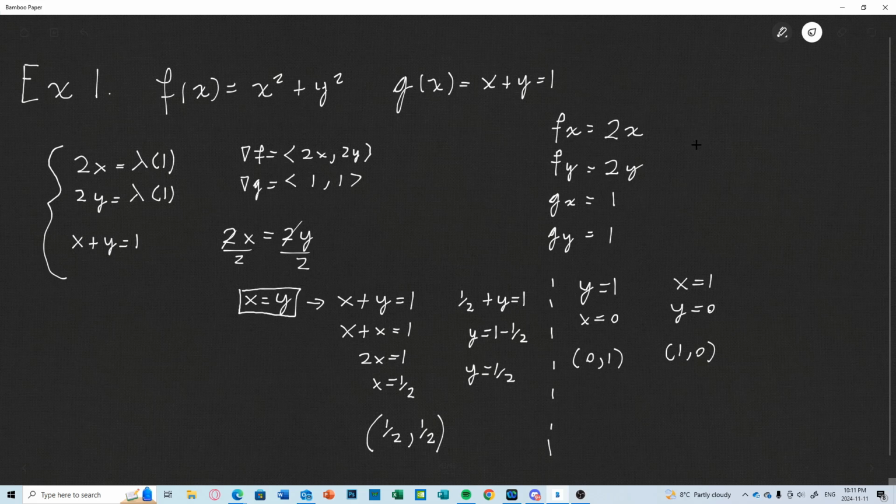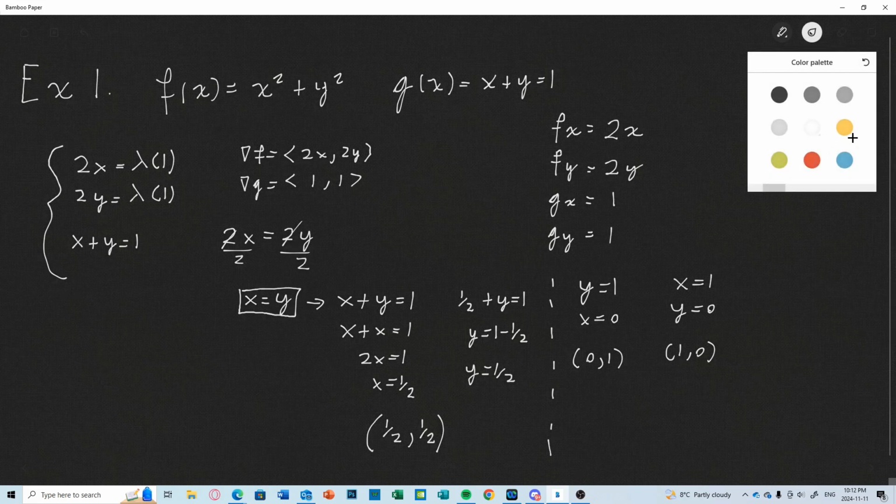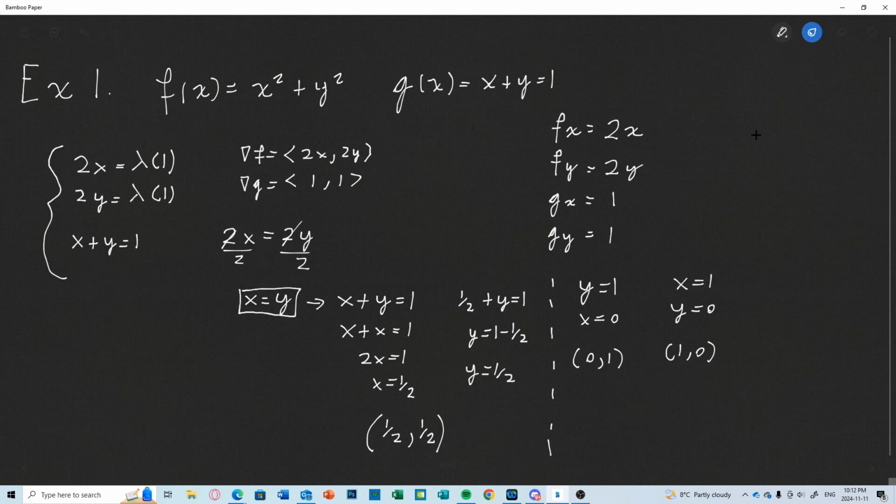The whole point of Lagrange multipliers is to test for our min and max values. The way to do this is to plug our points back into our original f function; whichever point gives the largest value is the maximum, and whichever gives the lowest value is the minimum.